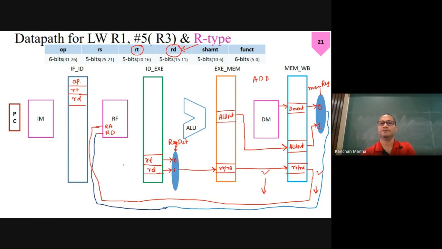And then what we have to do? We have to say read write. Similarly here, one time it would be mem read. So in this way, MIPS resolves this hazard issue. Clear?